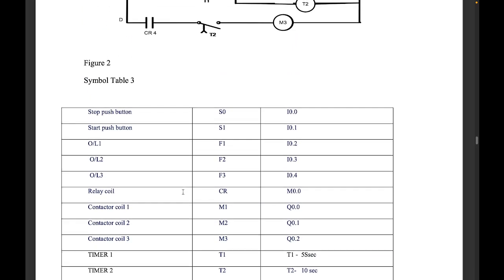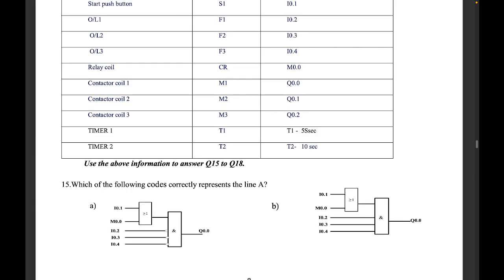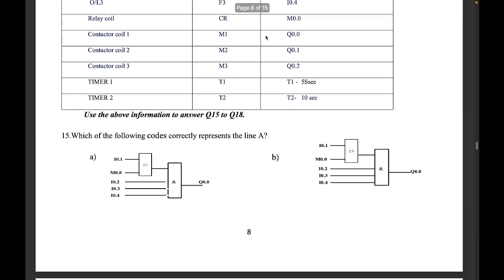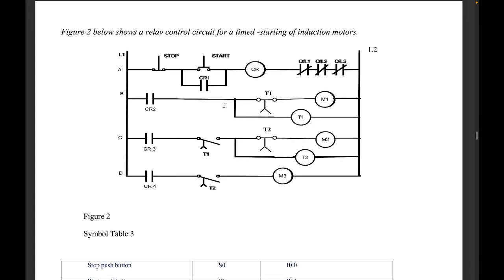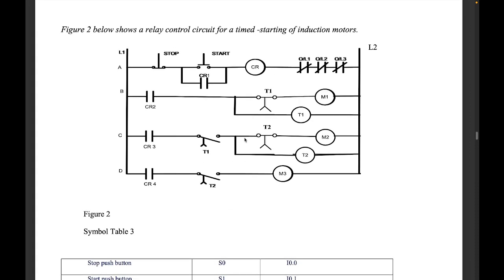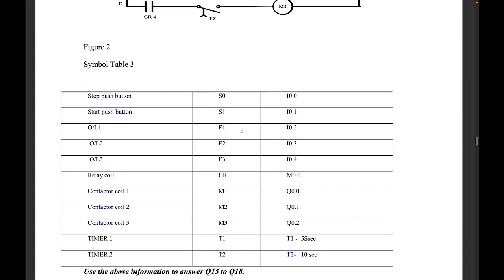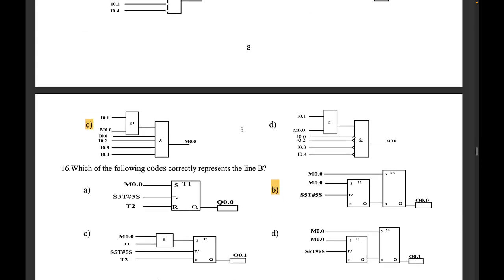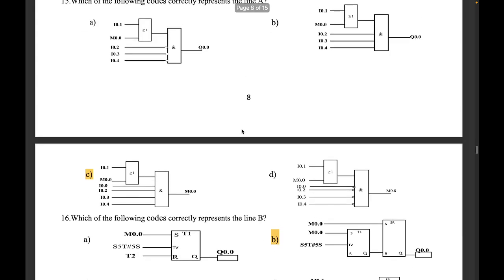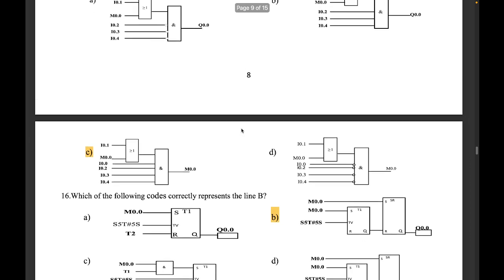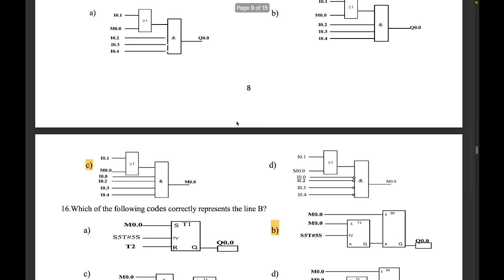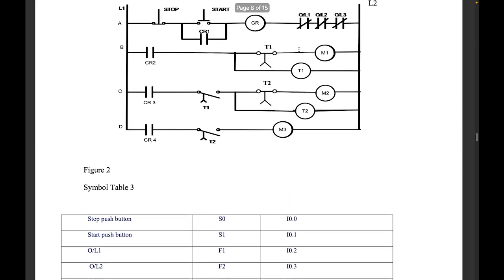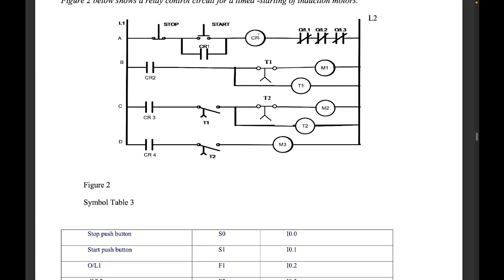Now line B. What controls line B? Line B, this motor, is controlled by this control relay.